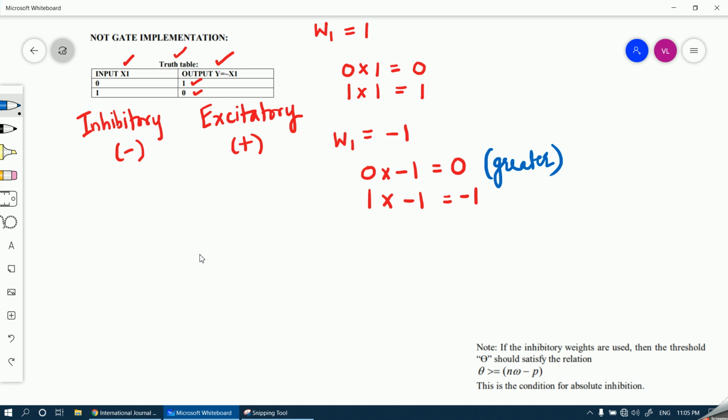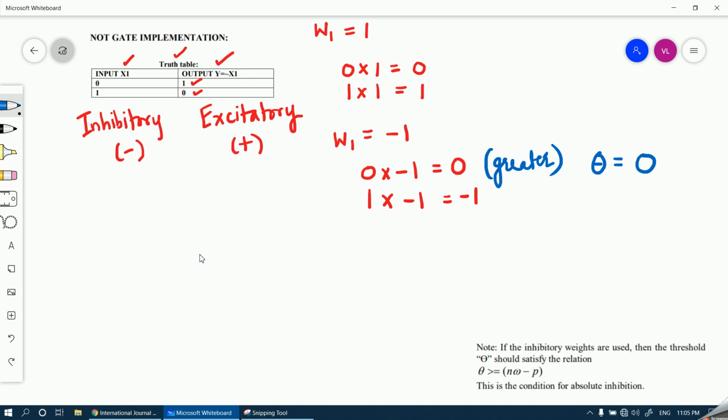So for this particular case, the condition gets satisfied. So here the value of theta, which is the threshold, is 0 for NOT gate. I repeat, the value of theta is equal to 0 for NOT gate.